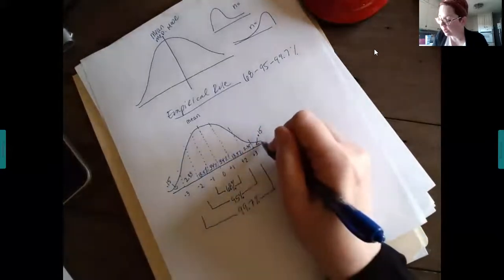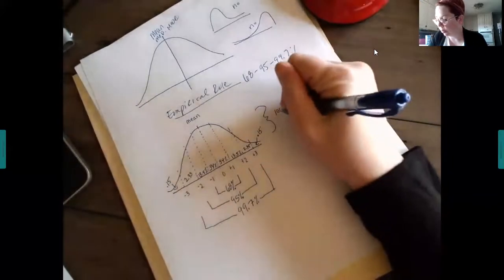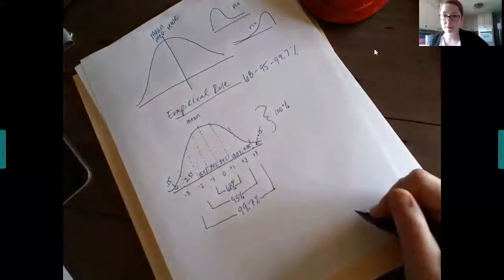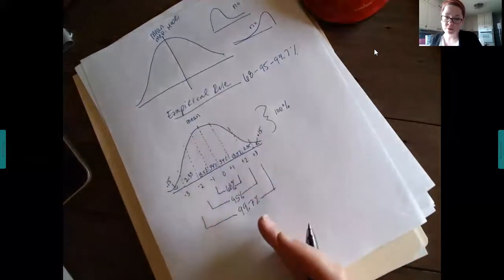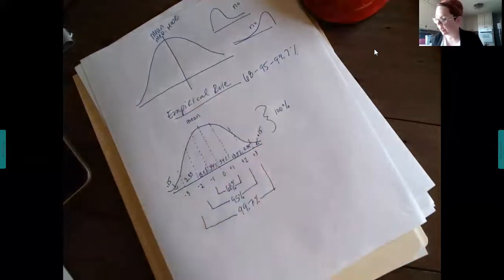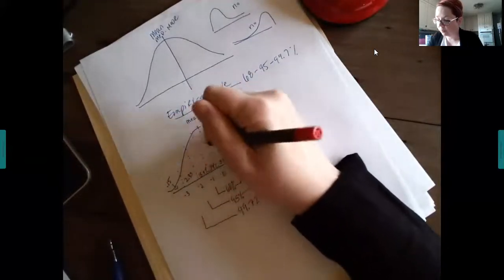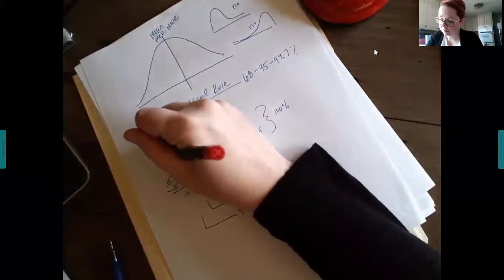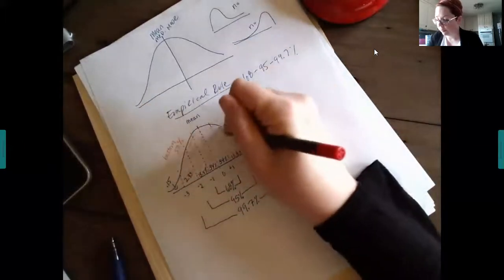But if we were to add this up together, all of this added will equal 100%. So this is also symmetric, meaning that if you cut this in half evenly, right? This is your bottom 50%. And this is your top 50%.